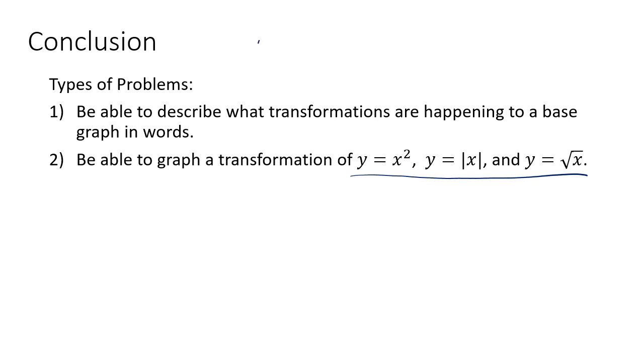So given a transformation of the form y is equal to a times the original function evaluated at x minus h all plus k, you have to know what each of these three transformations do, be able to describe them in words, and be able to graph a transformation. So basically everything we did in the last three examples is what you're expected to be able to do from this section, 2.3.